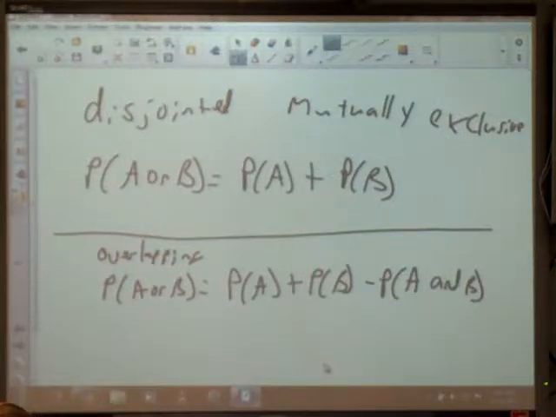Because if it's in both of them, if you think of a Venn diagram, and I am going to look at some Venn diagrams in a minute, you can't count it in the A one and in the overlapping one. You've got to subtract it out in there. You don't get to count it twice.